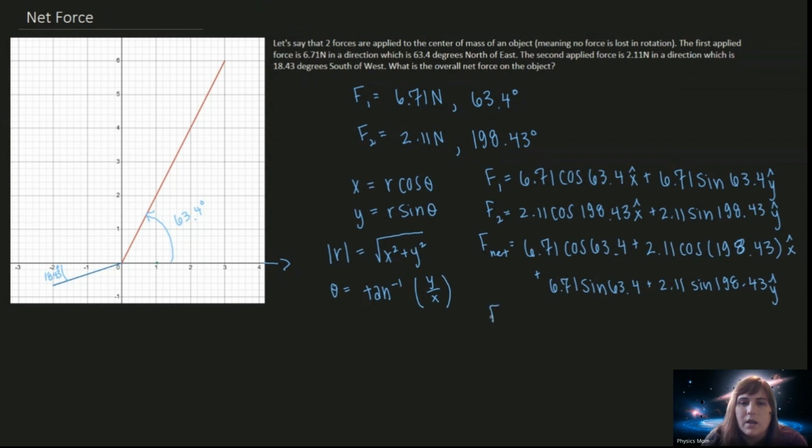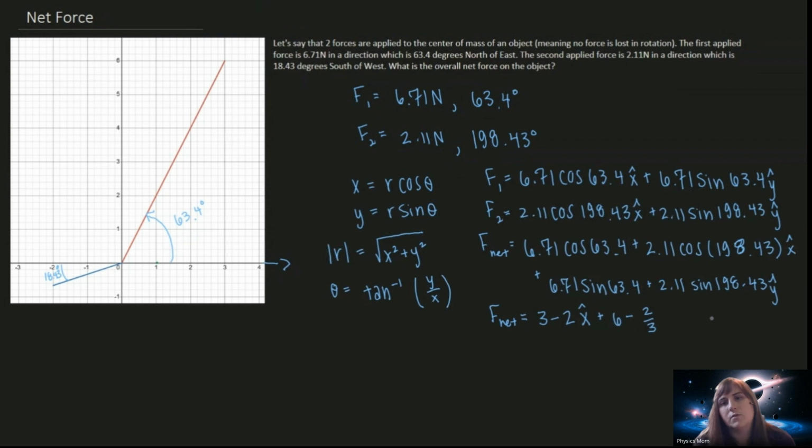For the x components, it's going to be positive 3 plus a negative, or I could just say minus 2 roughly, in the x hat. Plus, for my y components, I have 6 plus another negative, so just minus roughly 2 over 3, or you could put 0.6667, however you want to do it.